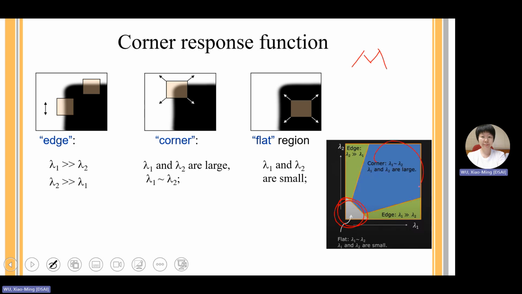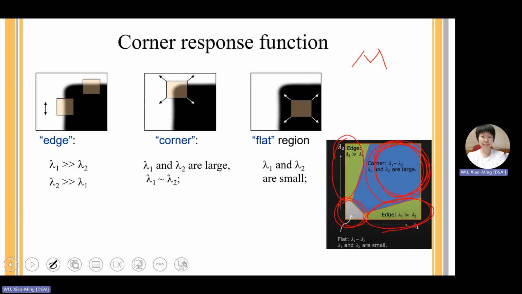And when lambda 1 and lambda 2 are both large, this represents corners. And the edge pixels are indicated by the green areas where only one value is large and the other is rather small.